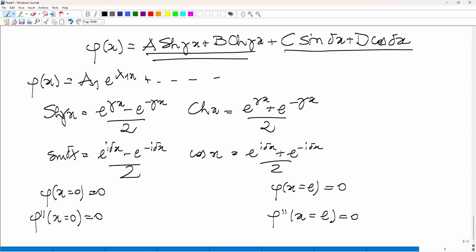Here, the condition you are assigning is on a moment, on a static action, which you correlate to the second derivative. So this is a kinematic boundary condition and this is a static boundary condition. Actually you have here a system of 4 equations in 4 unknowns, which could not be so easy to solve.